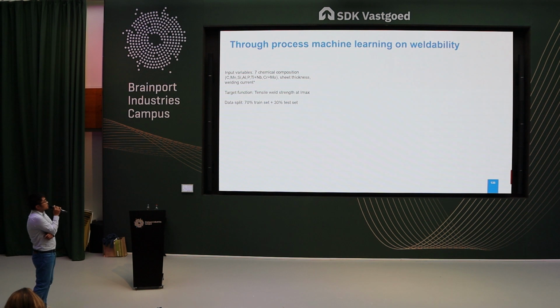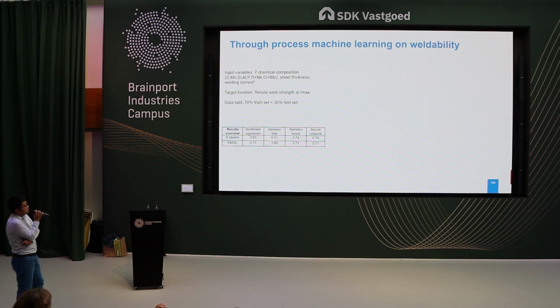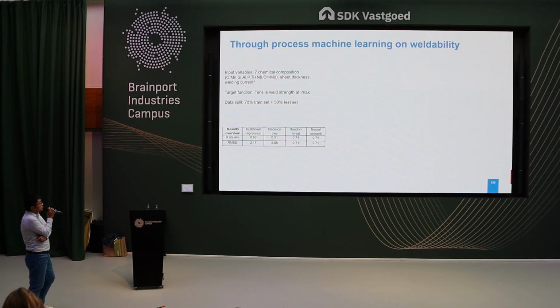We have collected our data over the past 10 years, and we split it into 70% training set and a test set. We have chosen 4 models: a multilinear regression model, decision tree, random forest, and neural network.